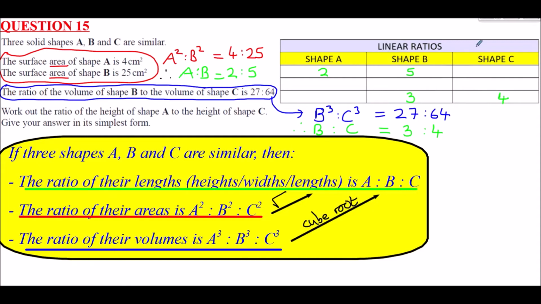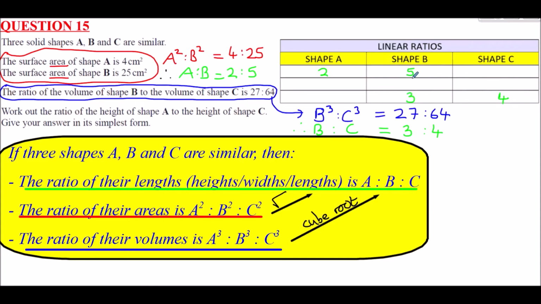The problem we have here is that we can't match these up into one ratio because shape B is 5 here, and shape B is 3 there. So what we need to consider now is, what's the lowest common multiple of 5 and 3? What number is in the 5 times table and the 3 times table?